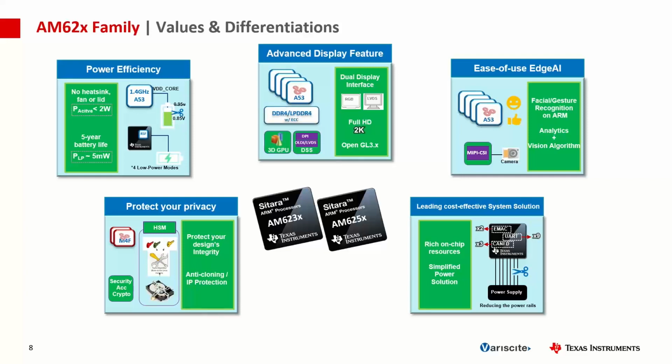We have some software partners that make it more optimized to run analytics on the A53 cores. So Plumer AI comes to mind. We've shown a few demos with Plumer AI, so you can do object recognition, facial recognition on this class of device. And then, of course, the peripheral set, working our way clockwise around this slide, in the simplified power solution.